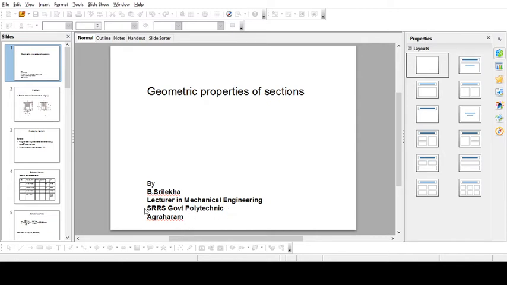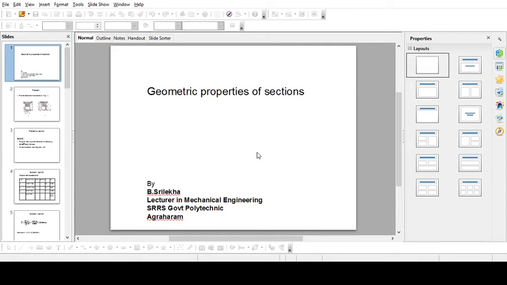So we need to calculate from this baseline. First, the area of this rectangle is L into B. So you can take 15 into 30, which is 450. Okay, 450 is the area of this rectangle.